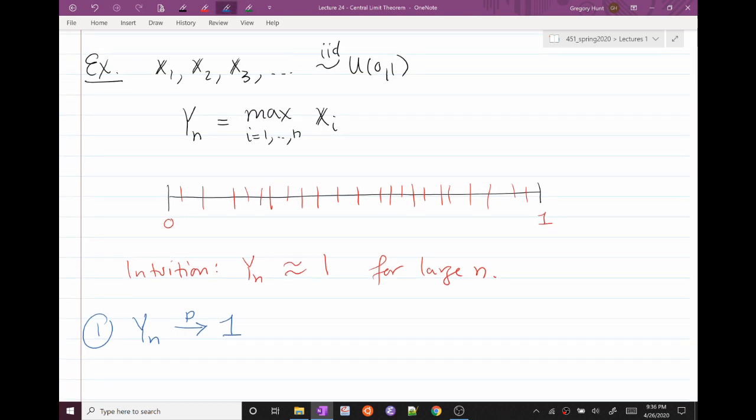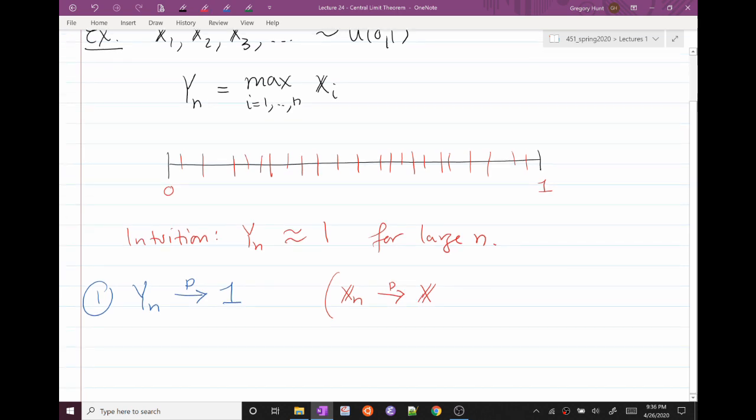Before, we've talked about how random variables X sub n's converge, say, in probability to another random variable X. So what does it mean to talk about some Y sub n's converging in probability to a number? Well, a number we can think of as a degenerate kind of random variable.